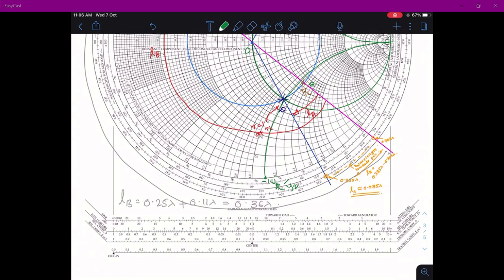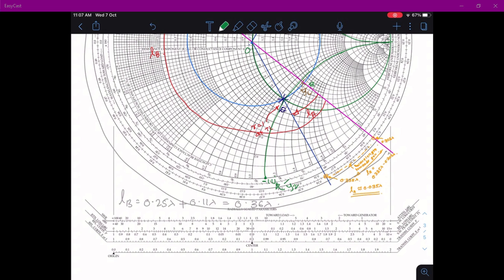So at this point, because it is intersecting with the outermost circle, which means the resistance value is 0, you will have only reactance. So that is the point in which the resistance is equal to 0, and that is the impedance or admittance of your stub.